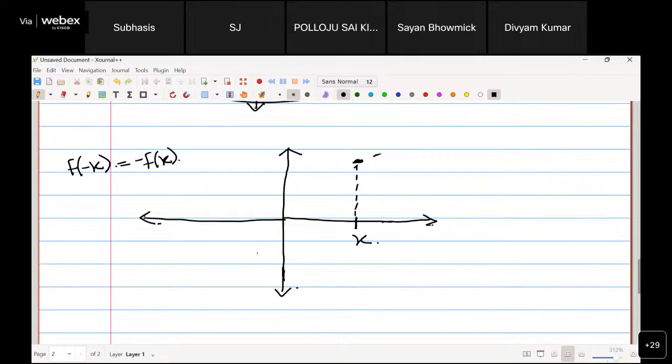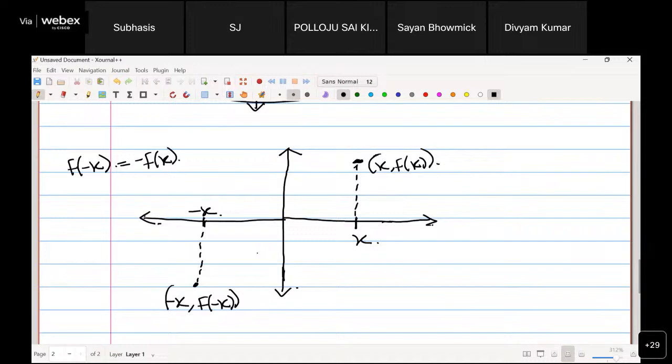So this point is x comma f of x. Then the point at minus x is minus x comma f of minus x.